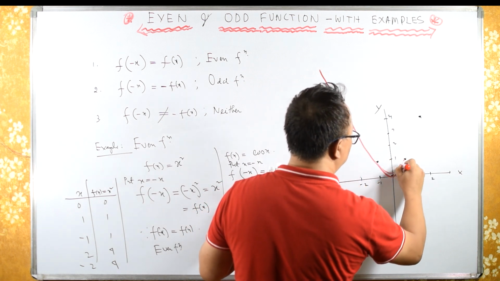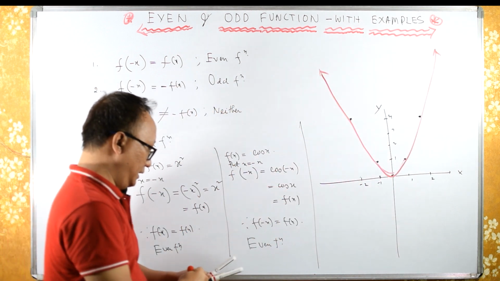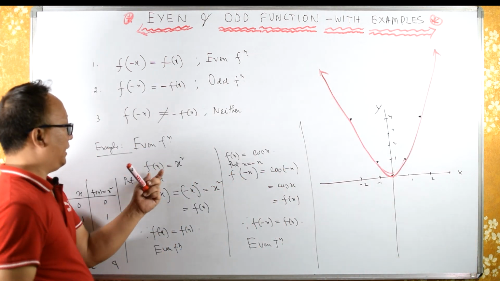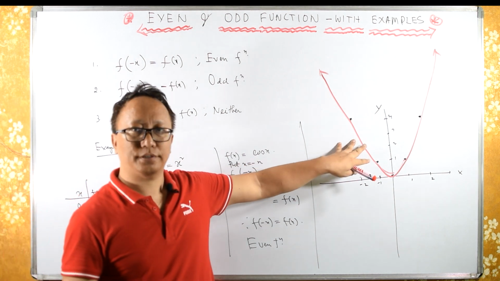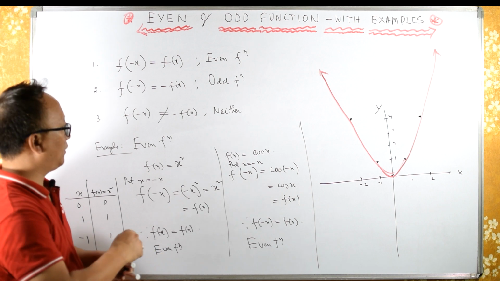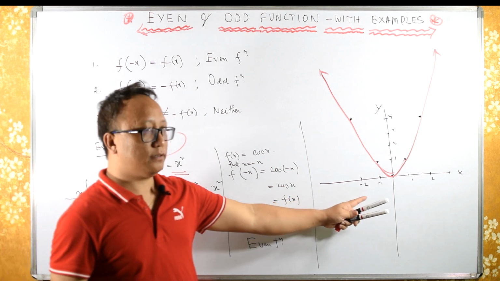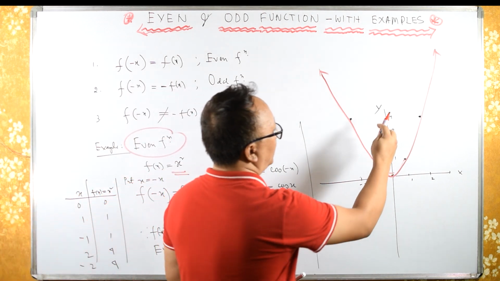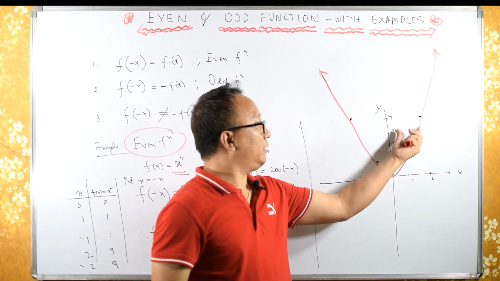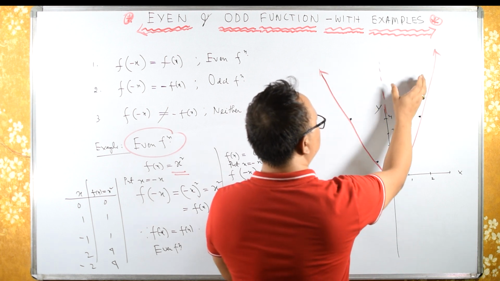If I join these dotted points, the curve passes through the origin like this. So this is the actual figure of y equals f of x equals x square. Look at this. We said that f of x equals x square is an even function. You can check over here, this is symmetrical about the y-axis.